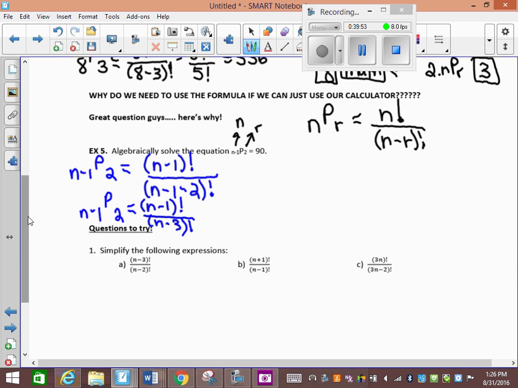So instead of writing this, I'm going to write 90. So we have n minus 1 factorial over n minus 3 factorial equals 90. You try and solve it.